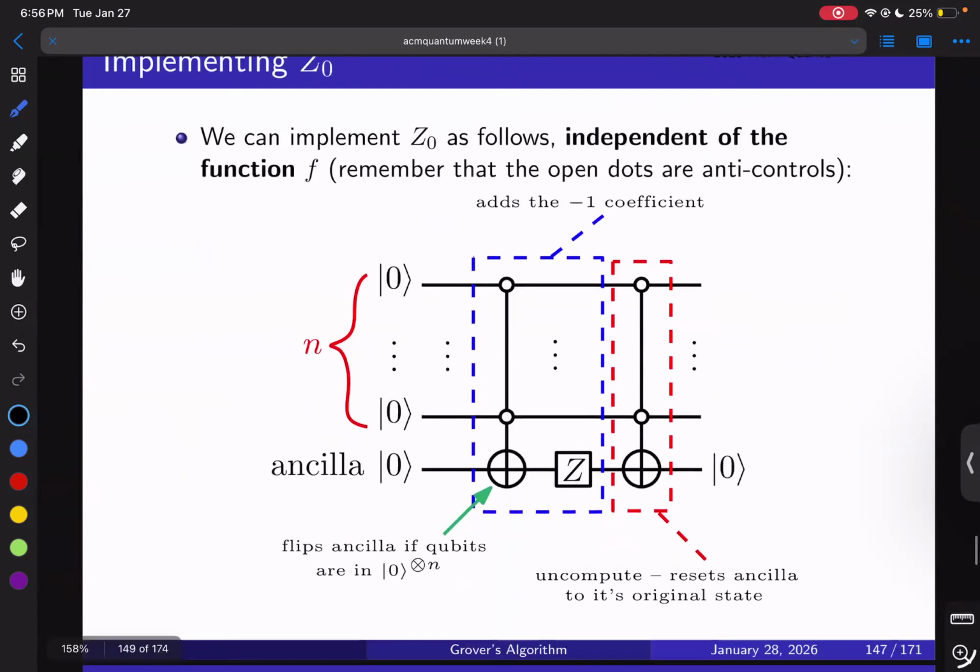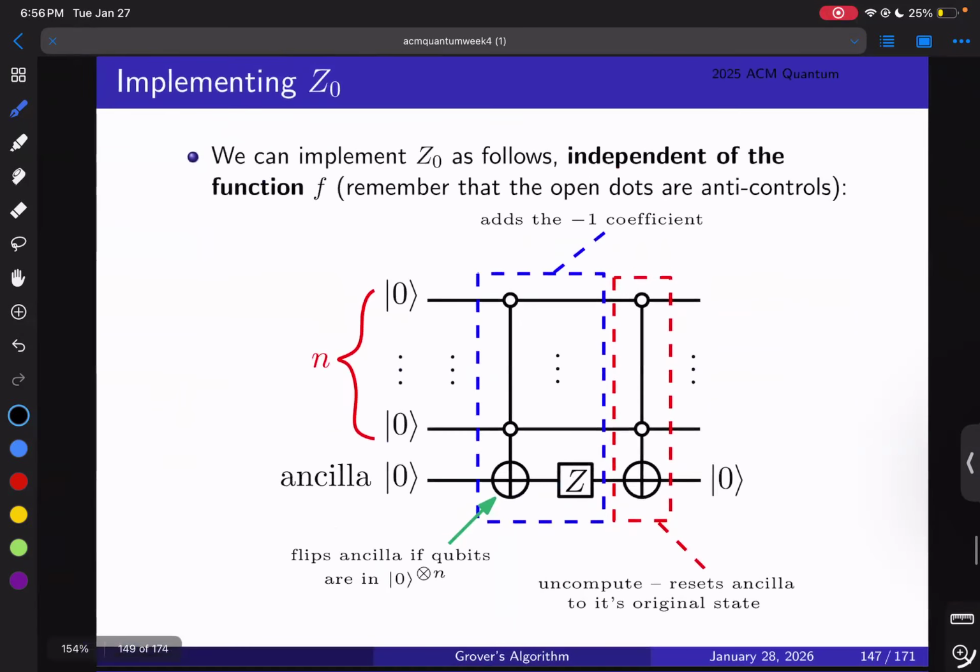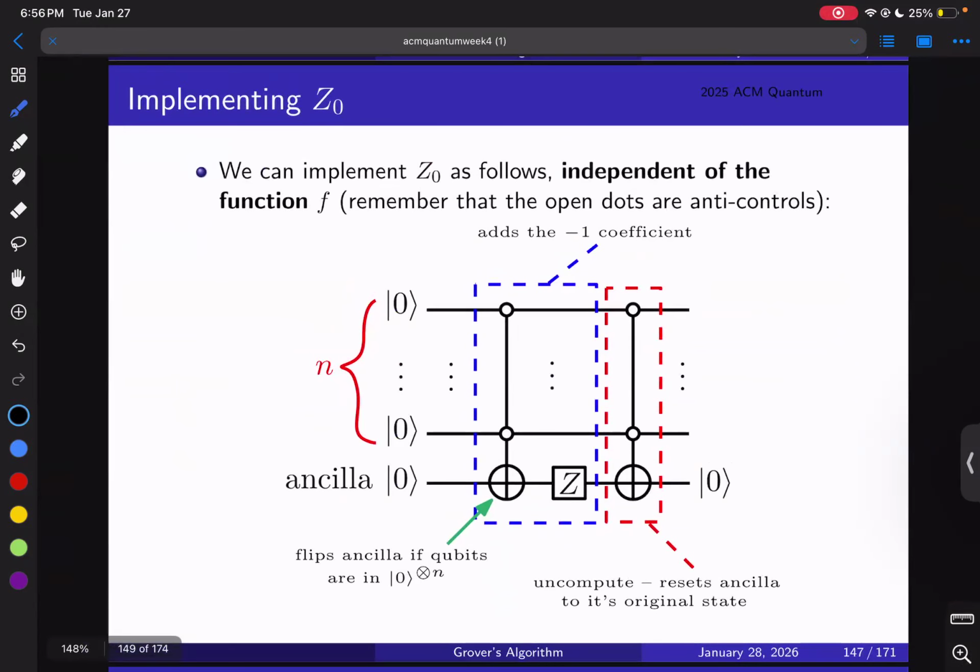Z naught has nothing to do with the function f. So Z naught is not like ZF in that it's passed into our function. Z naught will be the same for every function you input into Grover's algorithm. And here's a simple encoding of it, where the dots are anti-controls, where basically all of the n qubits are anti-controls, and then you flip the ancilla if that control condition's hit, and then you apply Z, and then you uncompute.